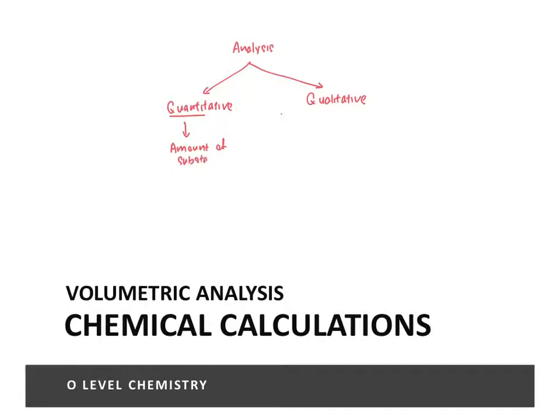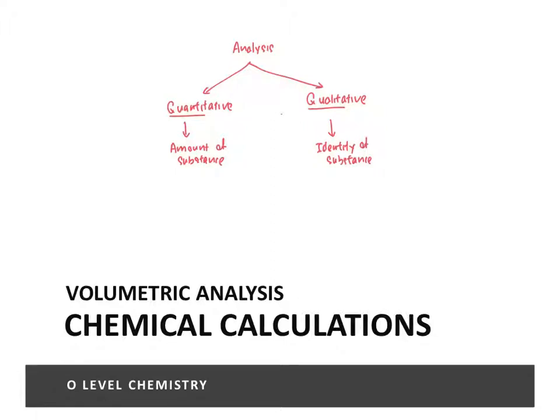For example, if we have a solution of acid, we want to find the amount of acid that's present in that. By qualitative, we want to find the identity of substance. For example, if we have a solution, we want to find out what ions are present in the solution. This is called qualitative analysis.